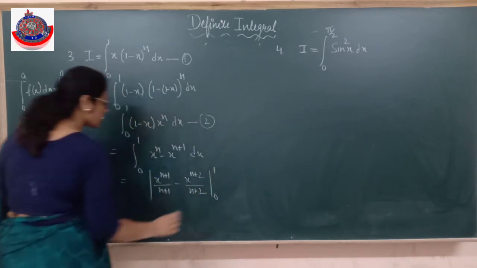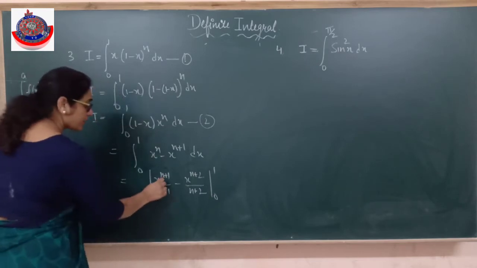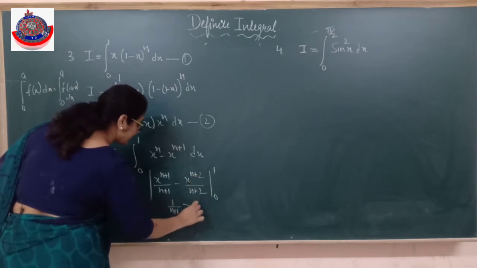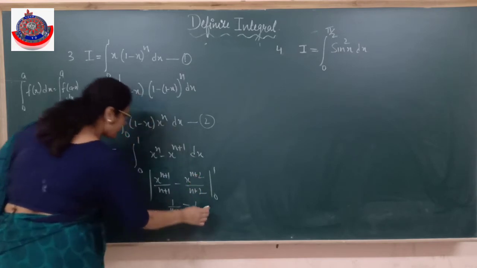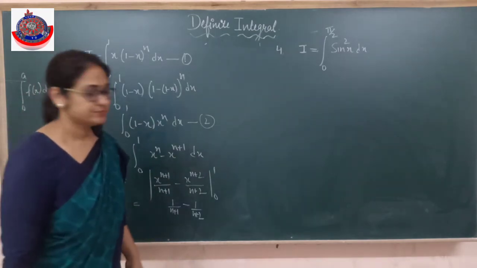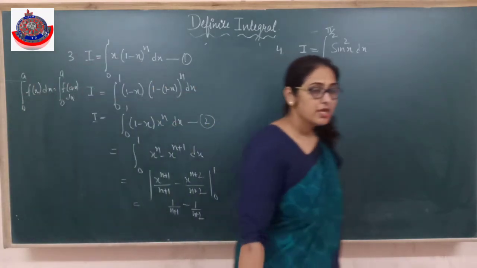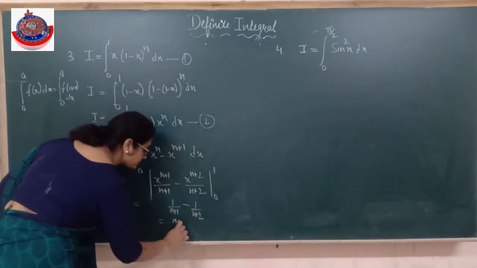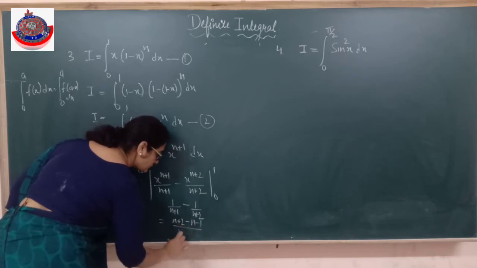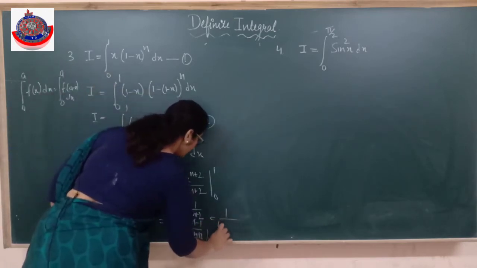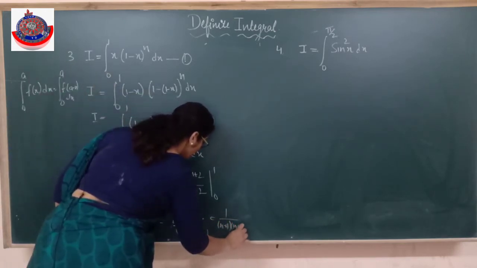Put the limit. 1 raised to power anything is 1. When I put 0, it will be 0 minus 0. So that's my answer. You want to take LCM and further solve it? You can do that also. Is it clear? If I take LCM, n and n cancel. So I have 1 upon (n plus 1) into (n plus 2).